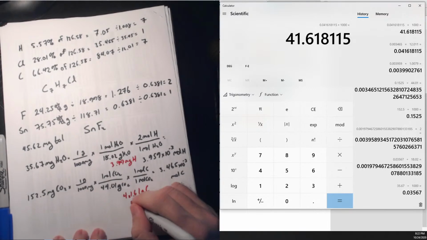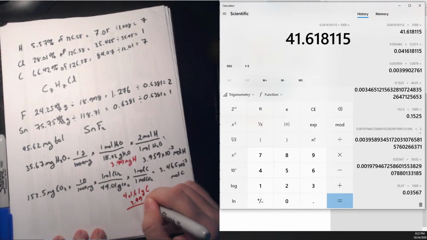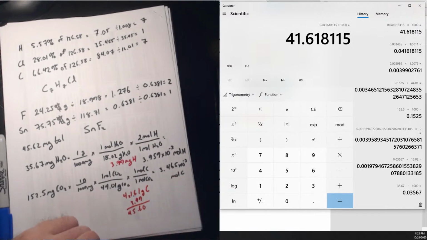We add those together. 0.654. Yeah, okay, so there's no oxygen in there.